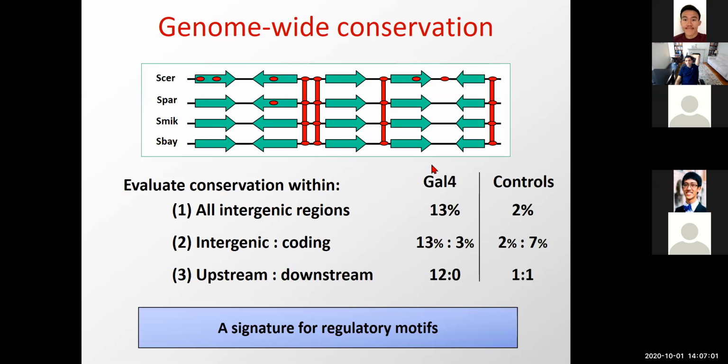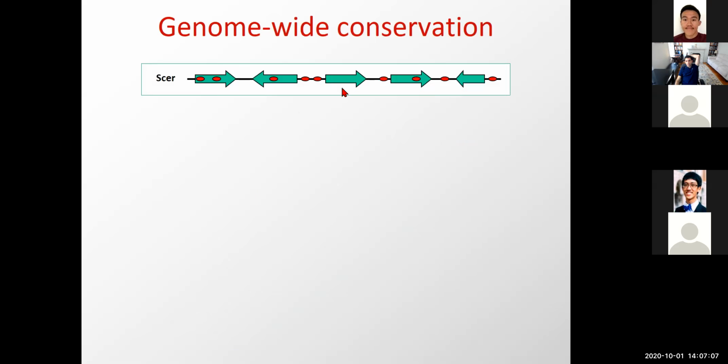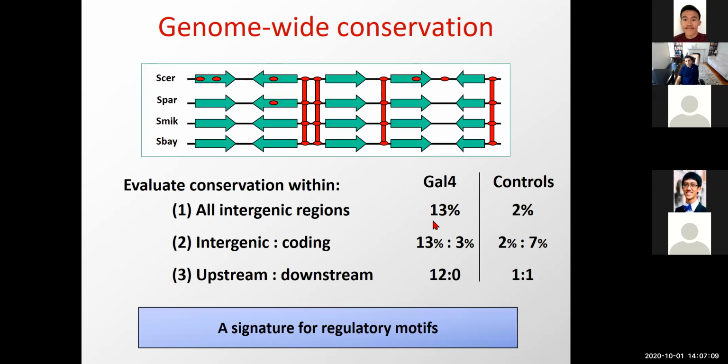And what we found is that the GAL4 motif, CGG, 11 nucleotides, CCG, is in fact conserved 13% of the time in intergenic regions, whereas control motifs that have similar properties are only conserved 2% of the time, giving us a 6-fold enrichment and enough signal to discover the GAL4 motif as important.